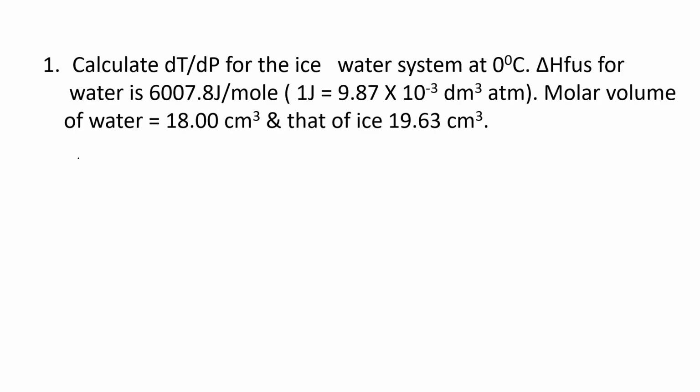Right? So this molar volume of water, we have to take it into dm³. That means we have to divide by 1000. That means 0.018 dm³, this is the molar volume of water. Now we write molar volume of ice.